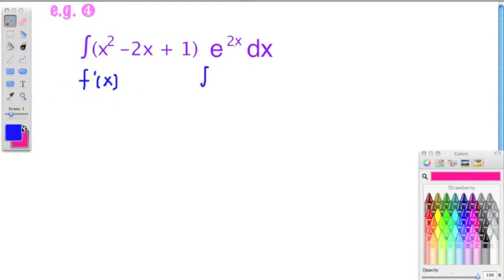For the differentiation part, we would choose this function, which is x squared minus 2x plus 1, and we would choose e to the power of 2x as the integration part.